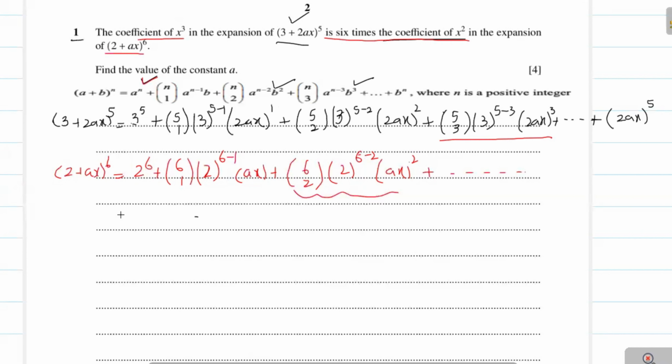Therefore, we write 5C3 into 3^2 into (2ax)^3. This is the term in which the coefficient of x cube lies. Next, this value will be equal to 5C3.